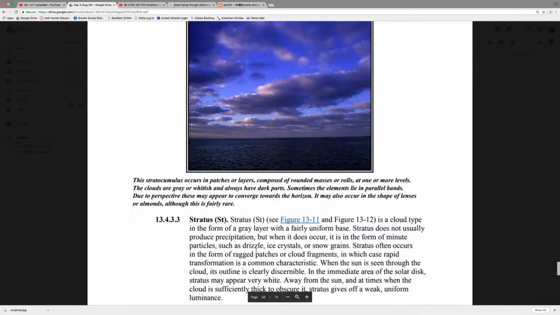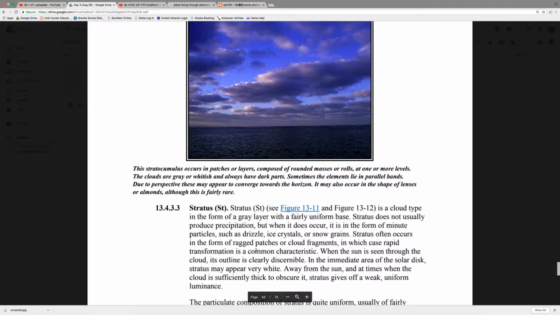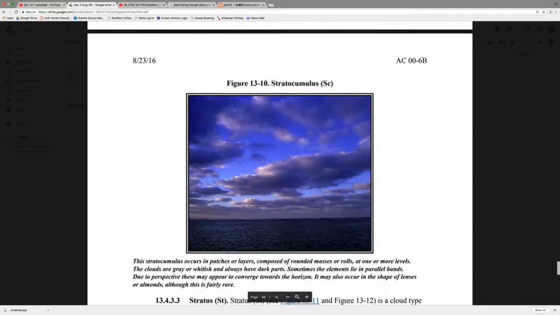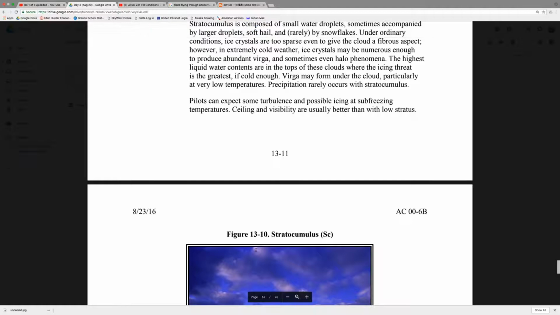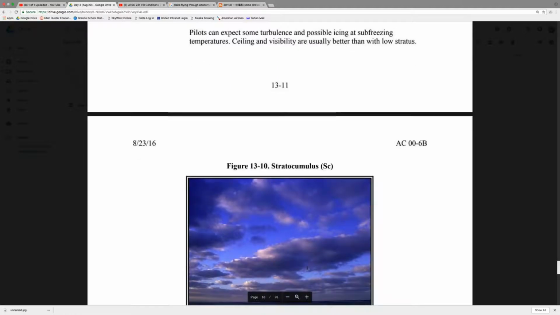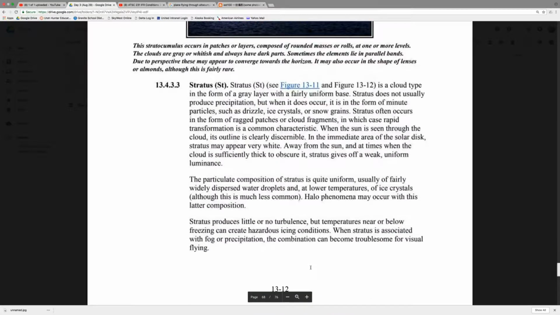So here you go. Those are Stratocumulus, still pretty calm. Pilot, you get a little turbulence, but nothing crazy. And you usually get better visibility than these low stratus clouds.